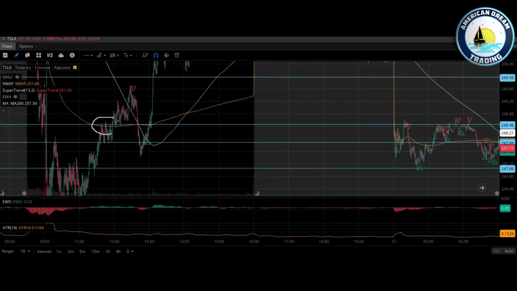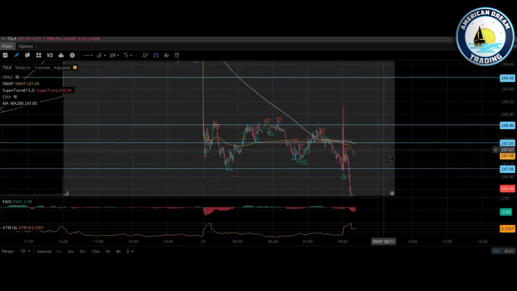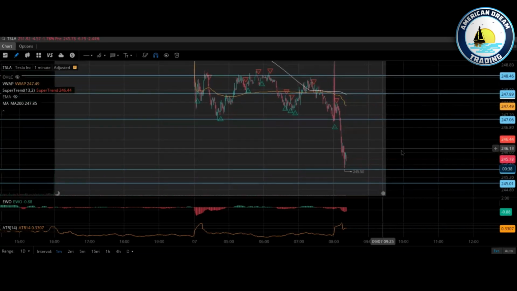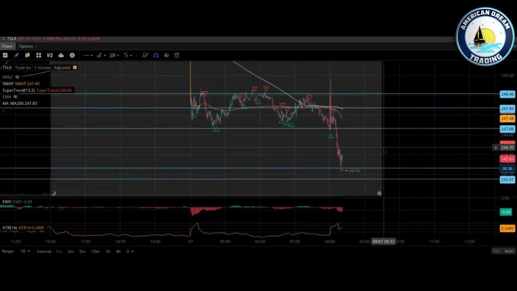So you've got all of this, here, here, here, here, and here. On the bounce back to the upside, and here, this is another one. So now we're starting to map this out. You guys can see if it does bounce up, these are going to be your critical areas.